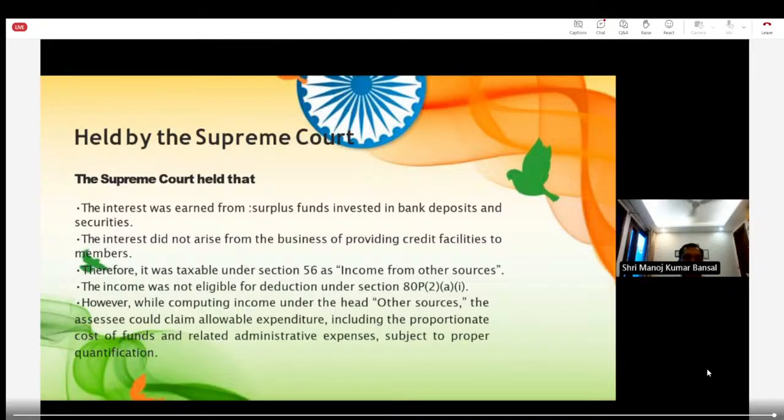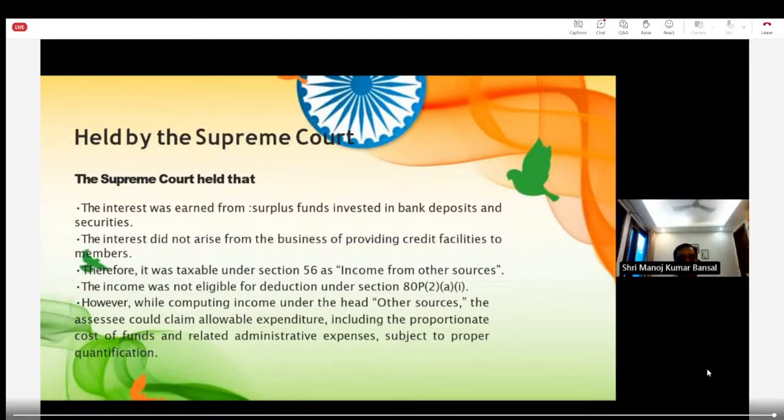The interest did not arise from the business of providing credit facilities to members. Therefore, it was taxable under Section 56 as income from other sources. The income was not eligible for deduction under Section 80P2A1.